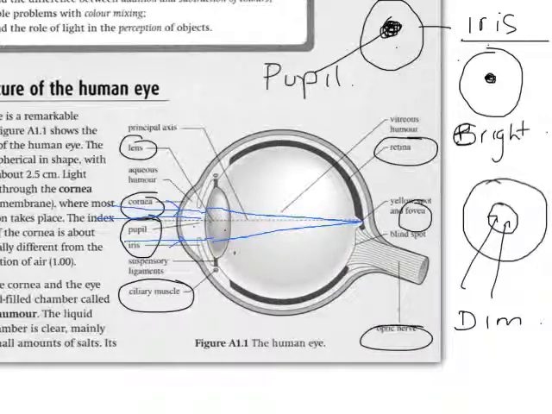Now this is a simple representation of how it works. At the retina, light signals, we could say light energy, is converted into an electrical signal, and that's sent down the optic nerve to the brain. So the role of the optic nerve is to transfer that information from the retina to the brain.